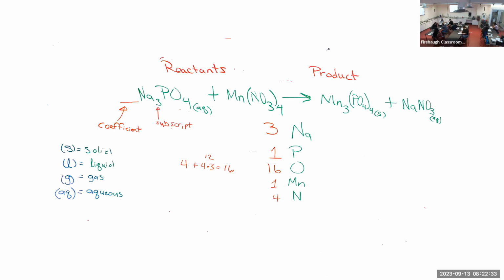On our product side, how many sodium? 1. How many phosphorus? 4. You guys also see that, right? 4 times 1. Okay, how many oxygens? 17. Are you sure?